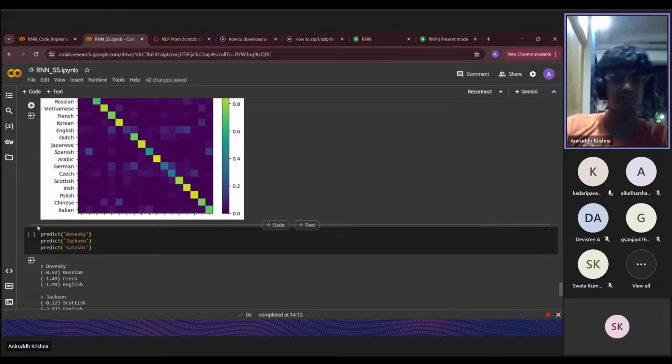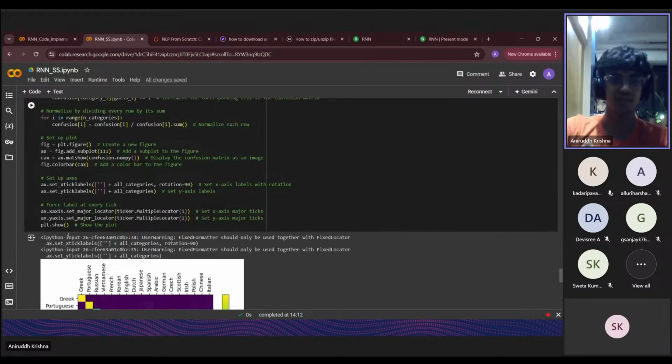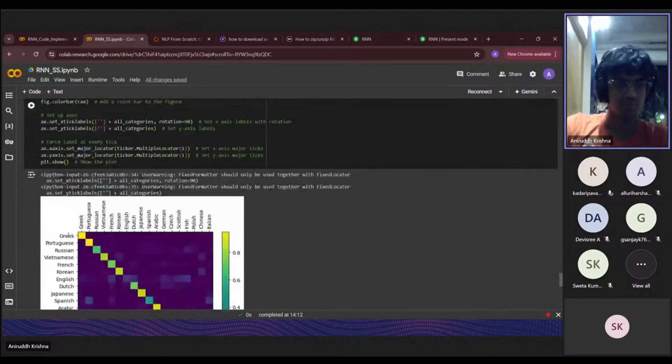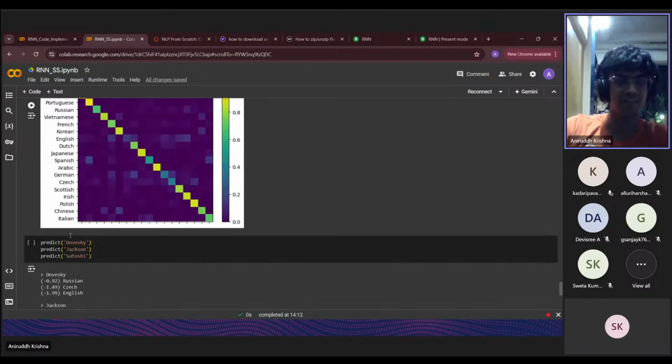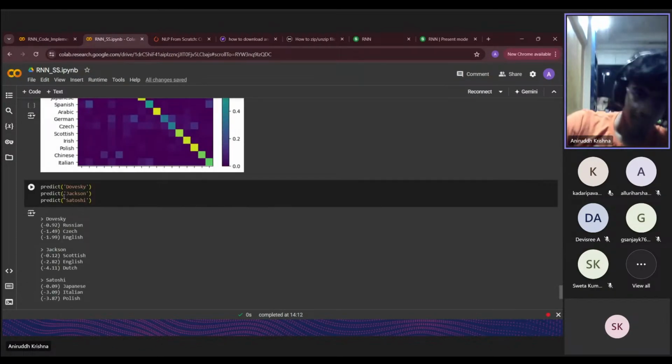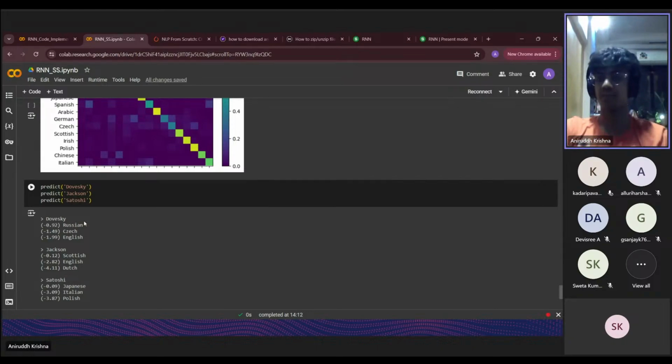So let me just take 3 random names: Noveski, Jackson, Satoshi. I'll input that into the predict function, which I have defined above. So predict will basically give me the log of the softmax, as I've said, of what language it can be.